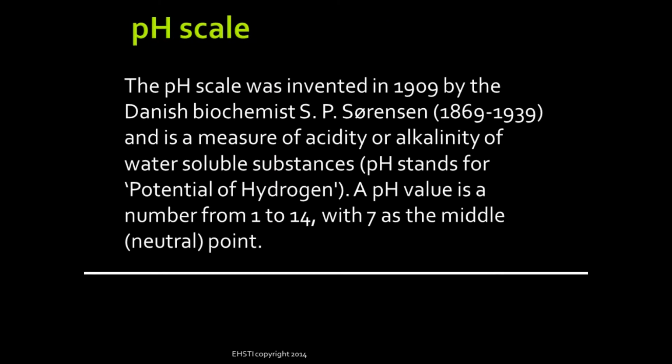The pH scale was invented in 1909 by the Danish biochemist S.P. Sorensen and is a measure of acidity or alkalinity of water-soluble substances. pH stands for potential of hydrogen. A pH value is a number from 1 to 14, with 7 as the middle or neutral point.